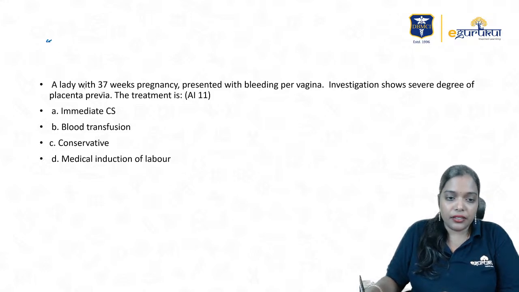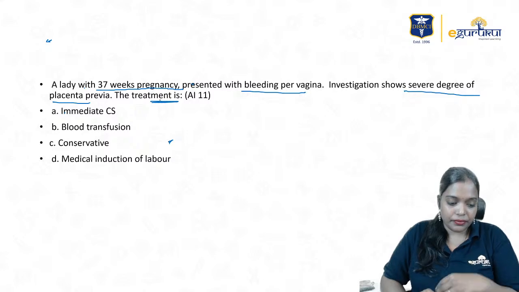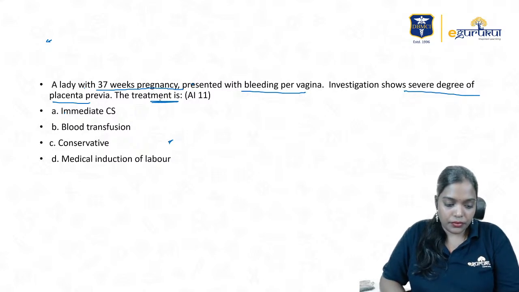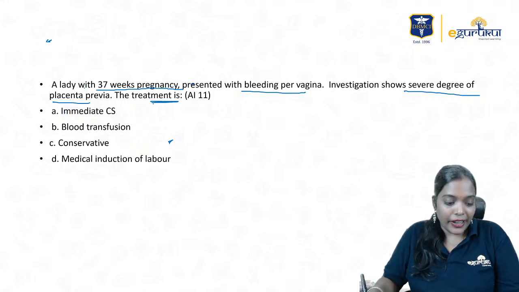A lady with 37 weeks pregnancy presented with bleeding per vaginum. Investigation shows severe degree of placenta previa. The treatment is? Very good, excellent.